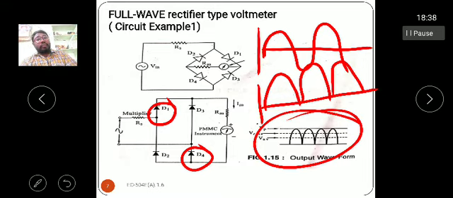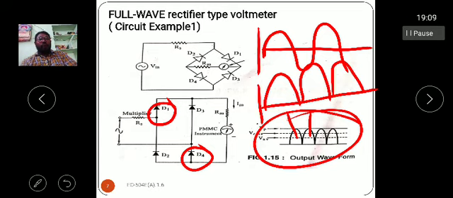When the input signal is positive, the diodes D1 and D3 conduct, then we get the output like that. If the input signal is negative, then the output is in the form like that. In both conditions, 2 diodes are activated, that is forward biased.